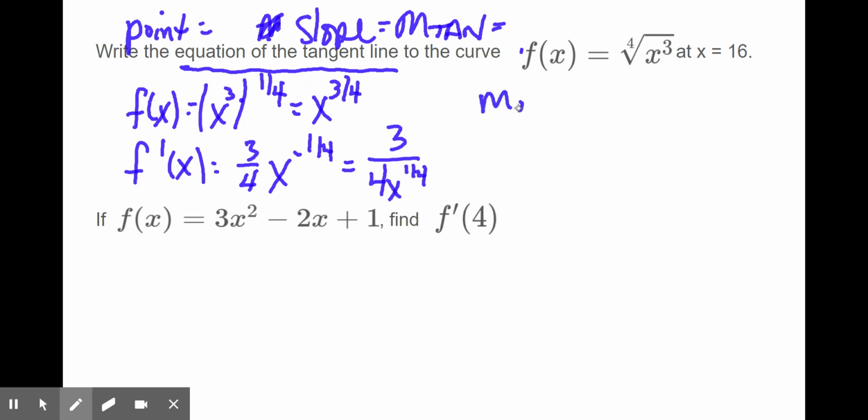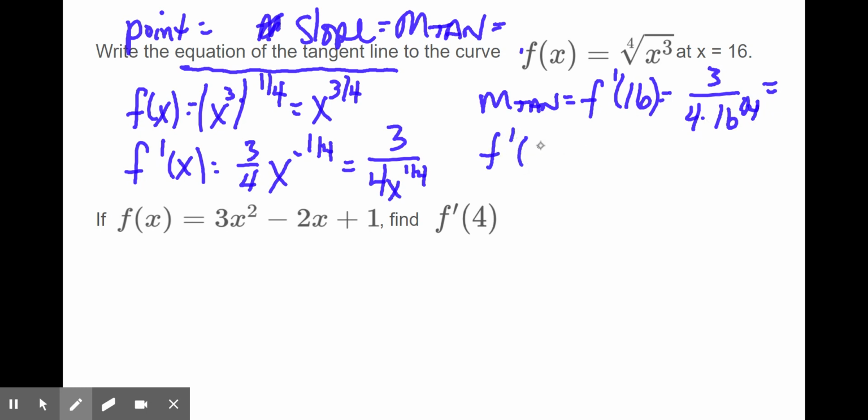So the slope of the tangent line is f prime of 16, which is 3 over 4 times 16 to the 1/4 power, or the 4th root of 16. The 4th root of 16 is 2. So that's 3 over 4 times 2, it's 3 over 8. So the slope of the tangent line is 3/8.